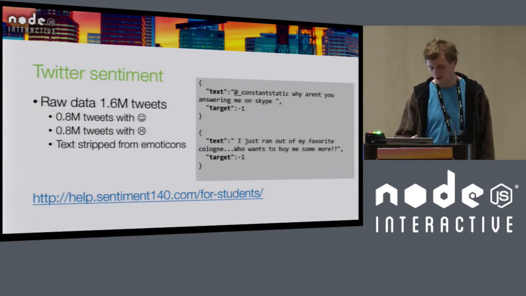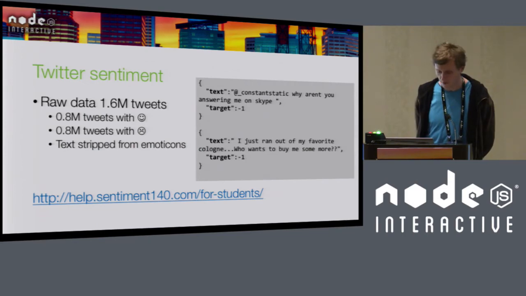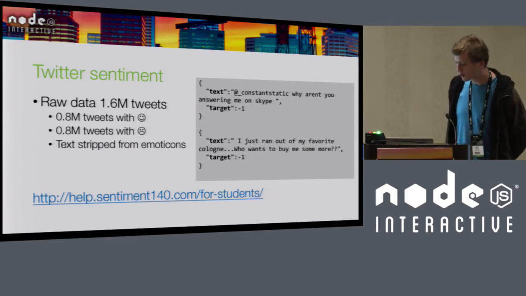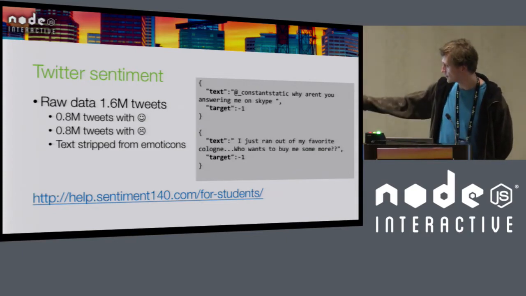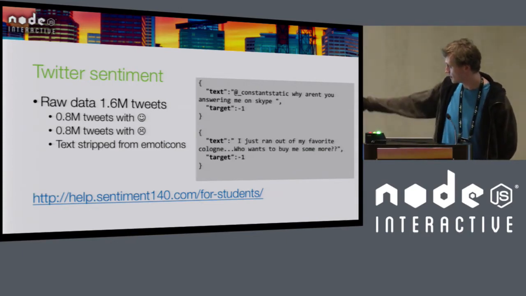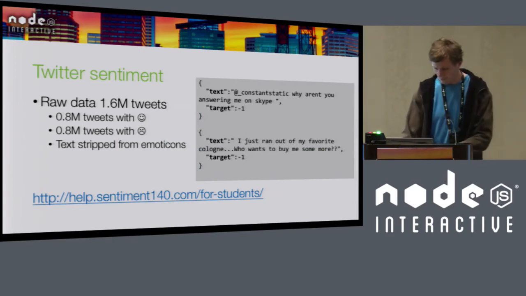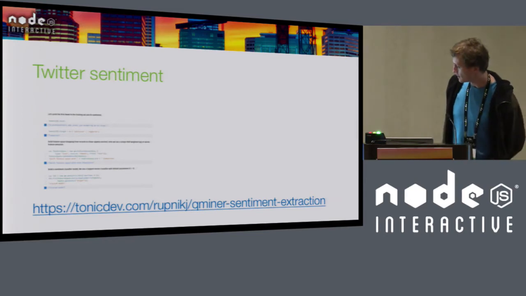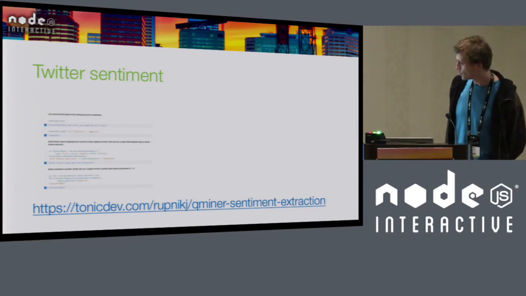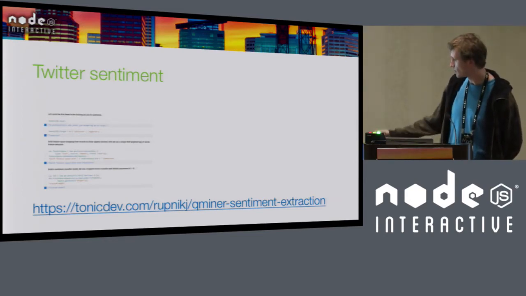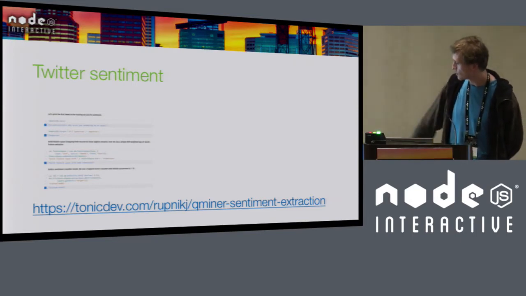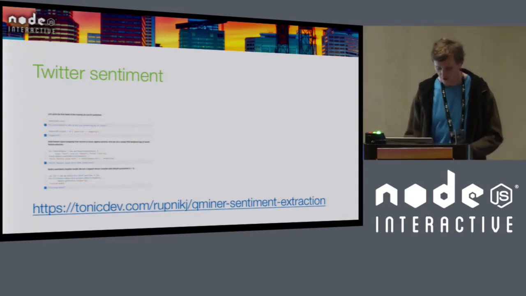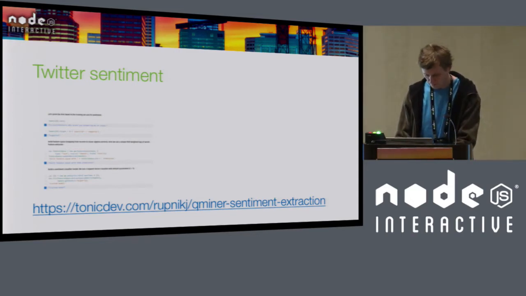So this data set is published at the URL below, and all we took for our purposes here are just the sentiment, the target, and the text. So the next thing I'll show you is an example, which is a Tonic notebook. So you can run it, clone it. There's the URL. You can clone the notebook online and run it yourself in the cloud, or download the notebook.